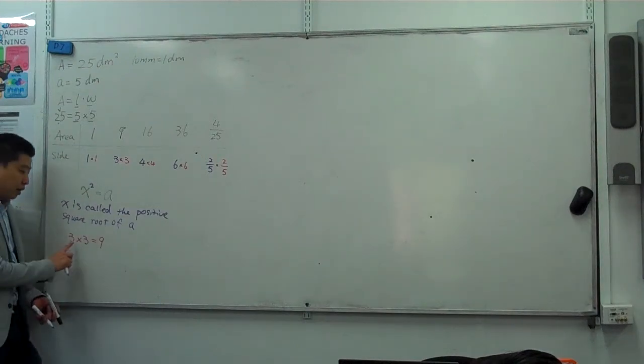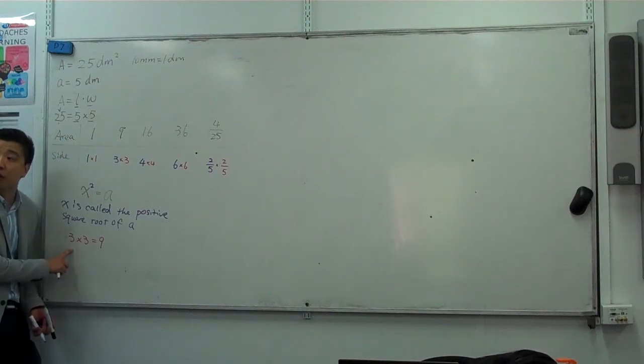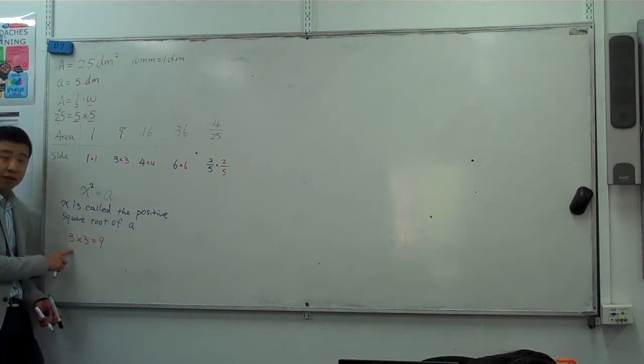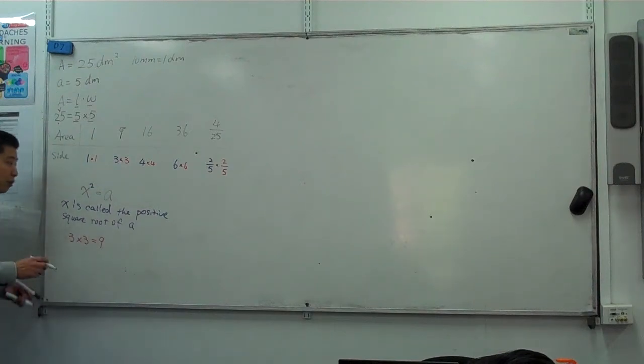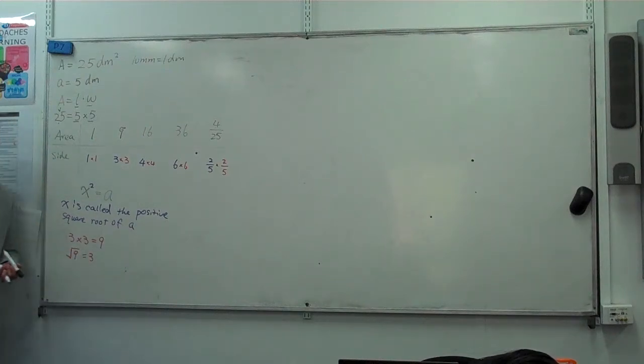Okay. Now, if I want to know 3, we call 3 the positive square root of 9. So we write square root 9 equals 3.